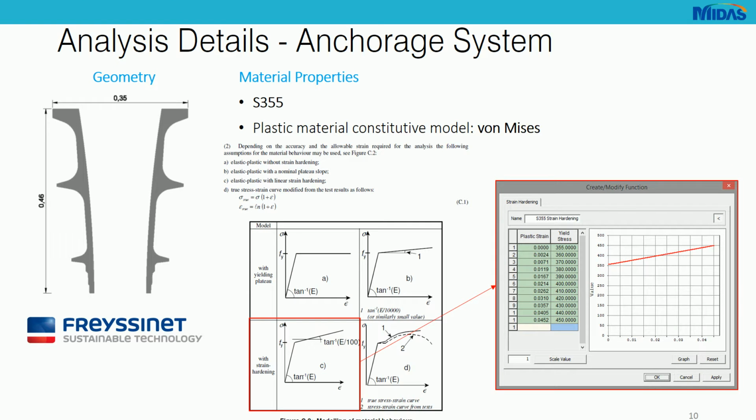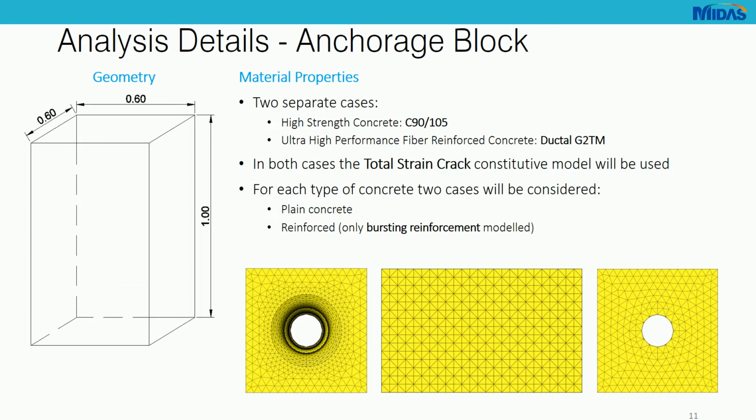Now for the anchorage block, the general dimensions are 0.6, 0.6 and 1 meter. We have used 2 different cases, in total 4 different cases. We have separated them into using high strength concrete and ultra high performance concrete, and also having one model without reinforcement, so plain concrete, and the other model with reinforcement, and only the bursting reinforcement was considered in this analysis.